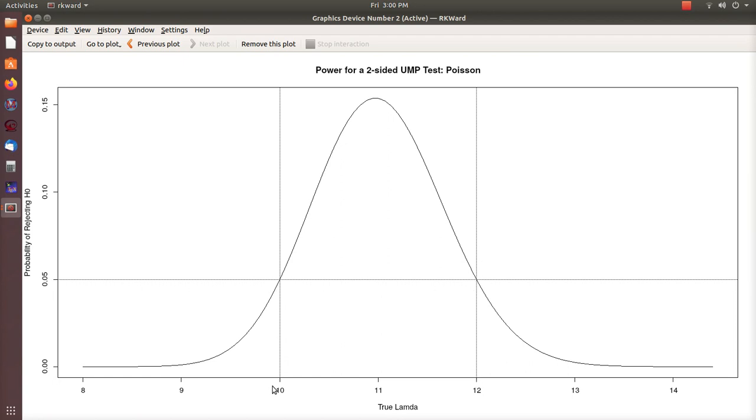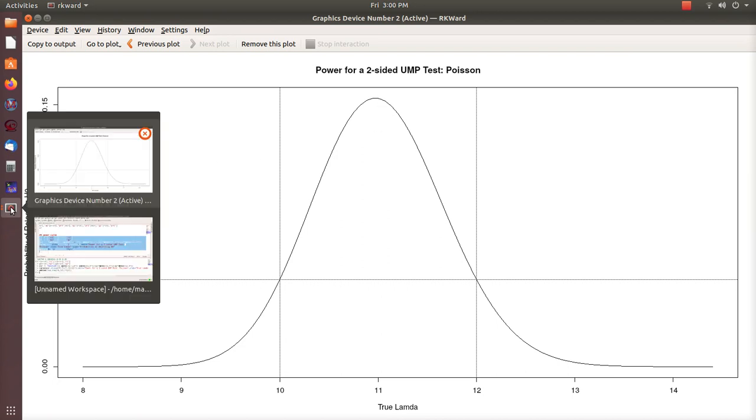And we forced the 10 and 12 to be exactly 0.05. And then the power, when the true lambda parameter is between there, is now 15% roughly in the middle, 0.05 on the edges.